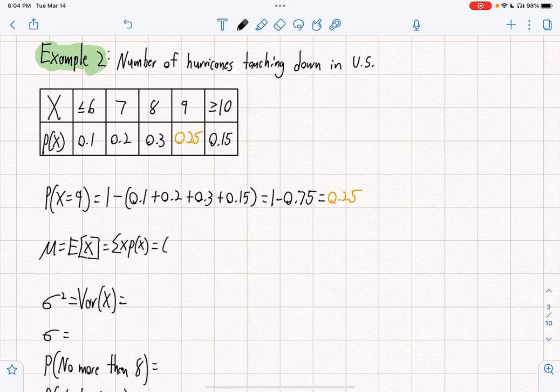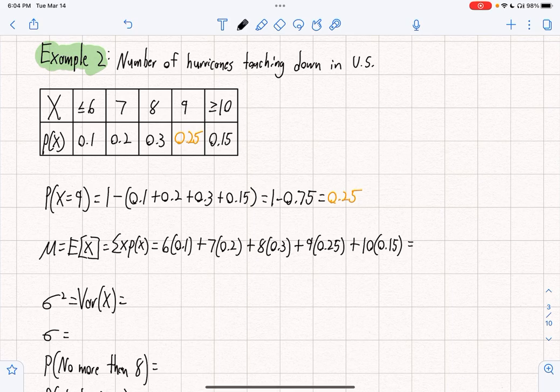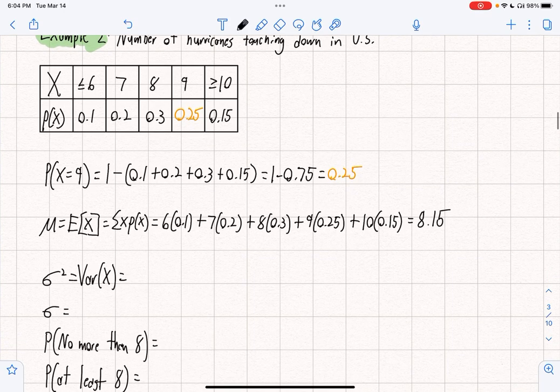So this would be 6 times 0.1 plus 7 times 0.2 plus 8 times 0.3 plus 9 times 0.25 plus 10 times 0.15. When I do that, I get a value of 8.15. My expected value is a little over 8.